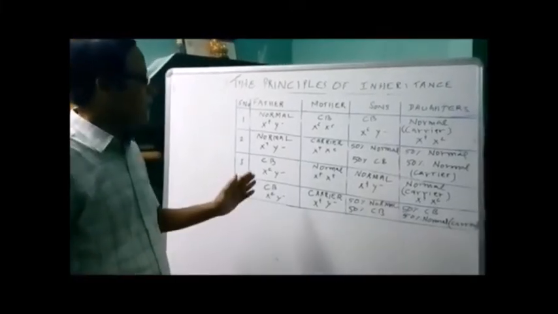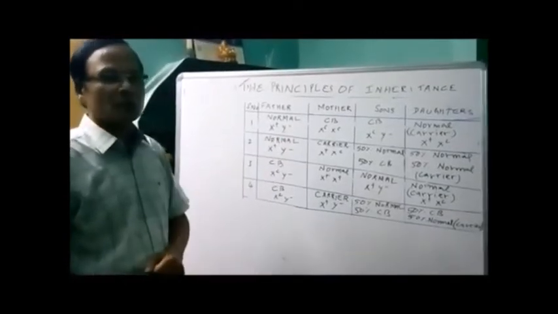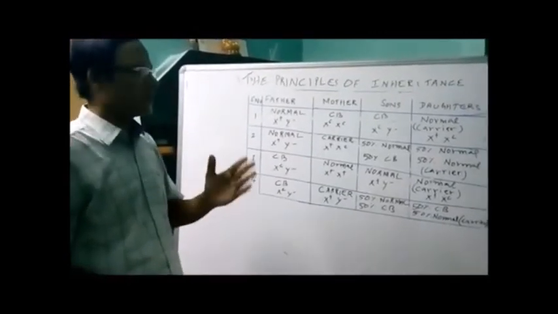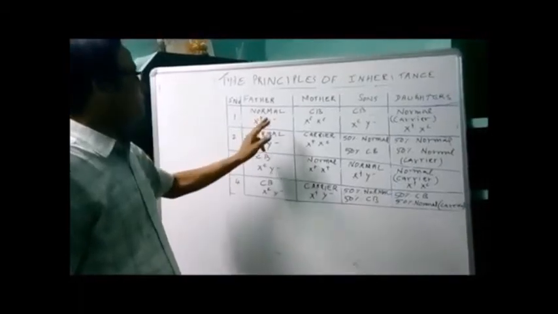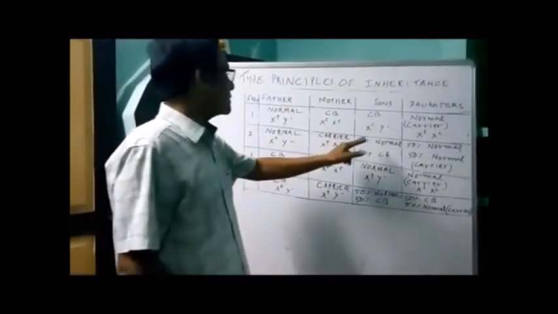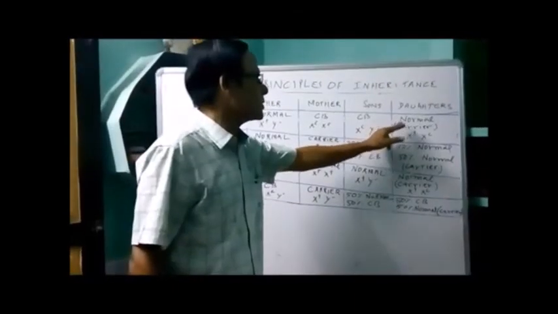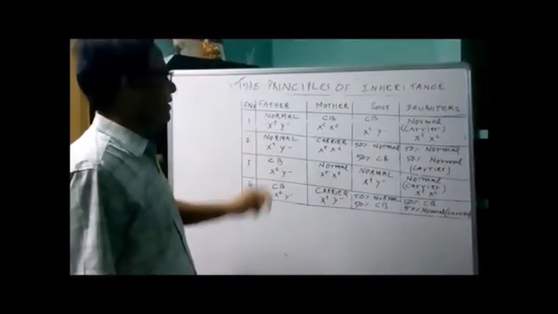Students, now I will give the entire illustration in one table of columns: the first marriage, second marriage, etc. When the father is normal and the mother is colorblind, definitely all the sons will be colorblind and all the daughters are normal but carriers. This is one marriage.